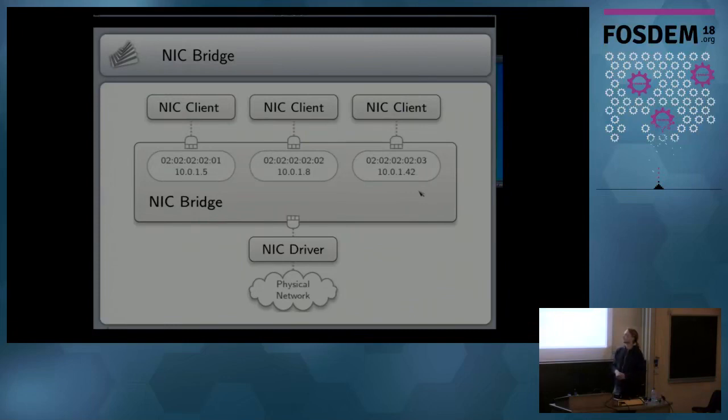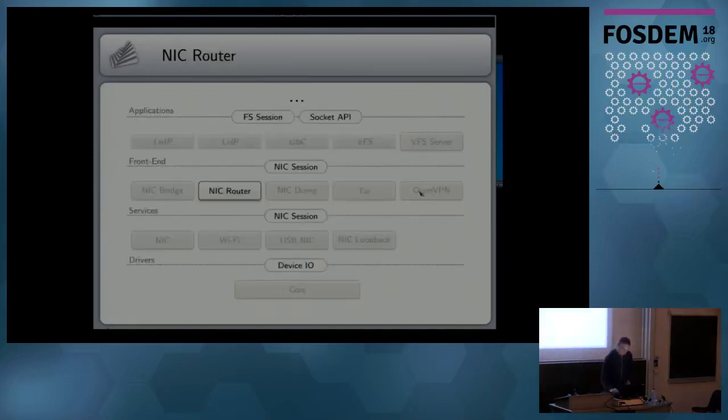So it creates some virtual MAC addresses for each line. Okay, and then it forwards packets that can come from the uplink or from our clients according to their destination IP addresses. That's all.